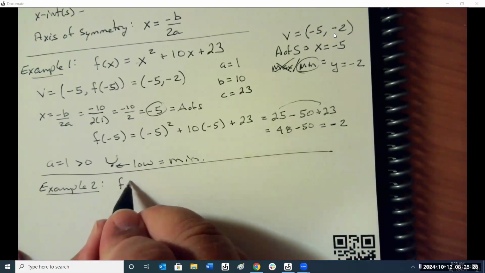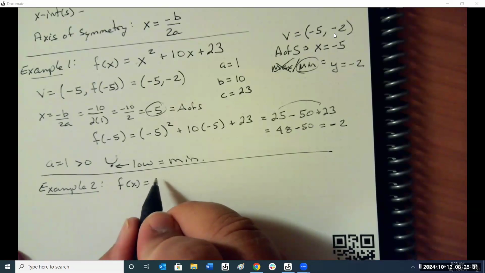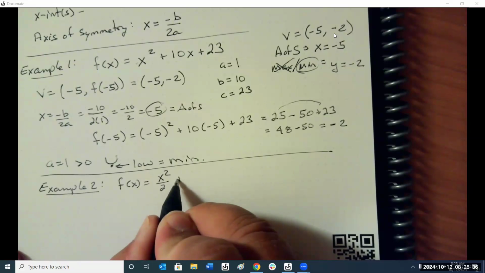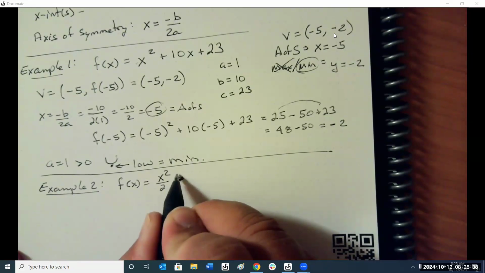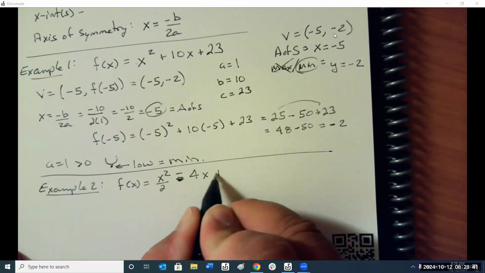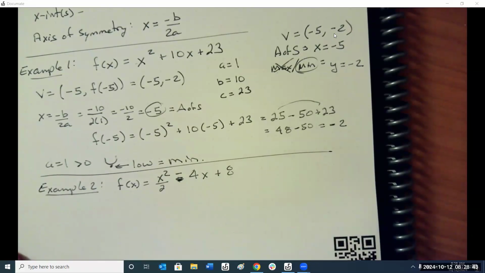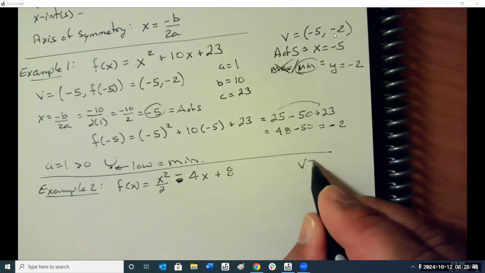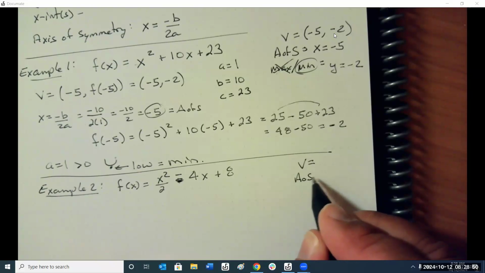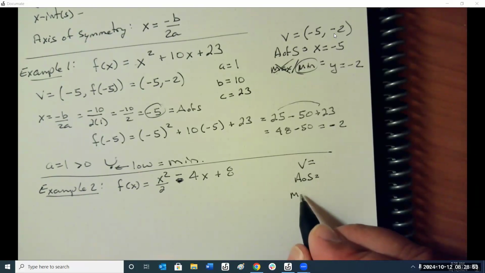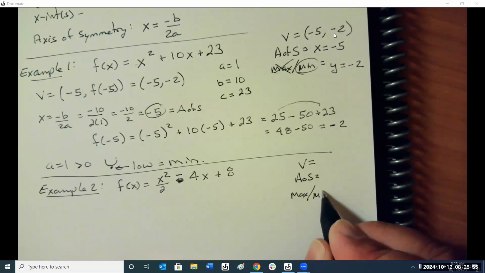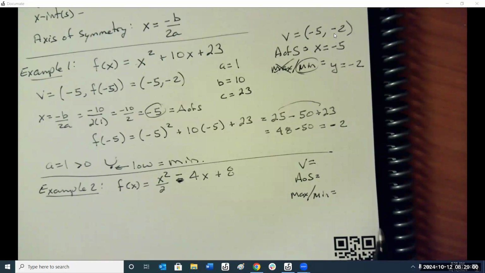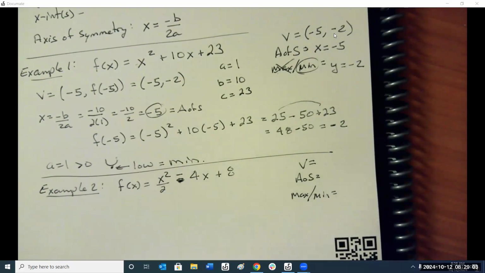We want to find the same things for this function: x squared over 2 minus 4x plus 8. So we're looking for the vertex, the axis of symmetry, and the max or min. And then we'll graph both of these.